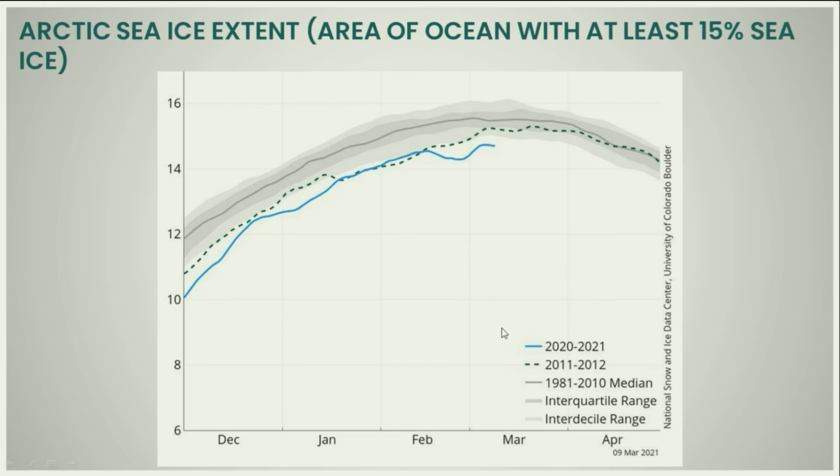This is carrying on that curve into this year, and showing that again the recovery from the summer has been weaker, and the blue shows the present state of the ice, and there's a smaller area than there was at the same time last year.